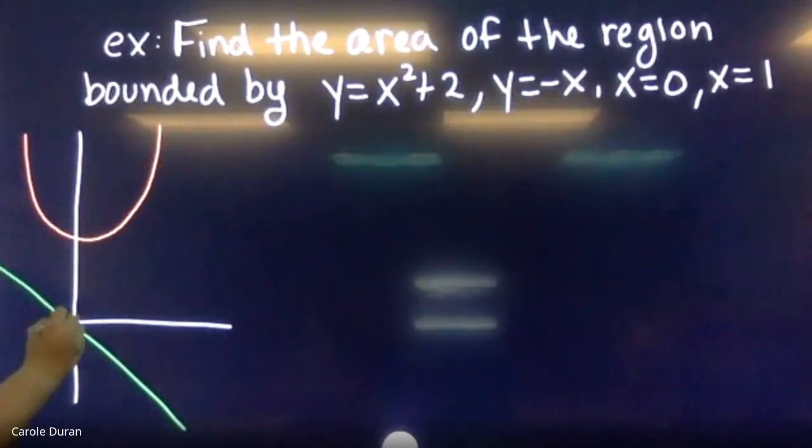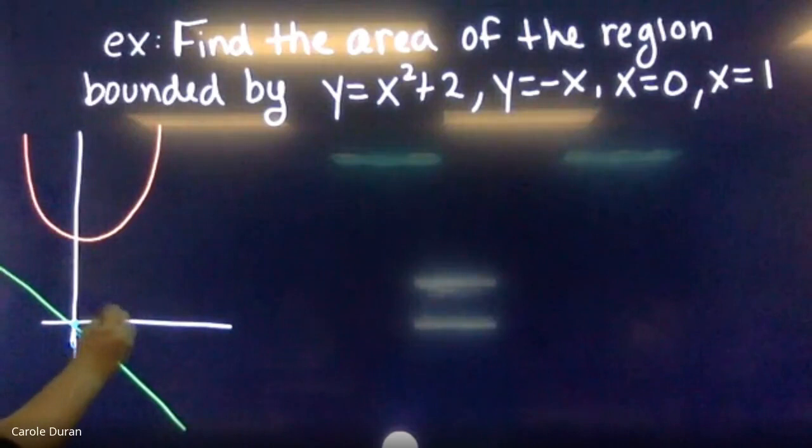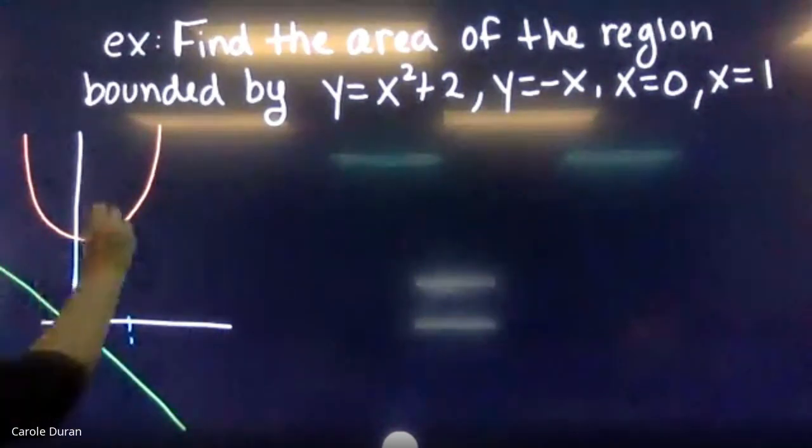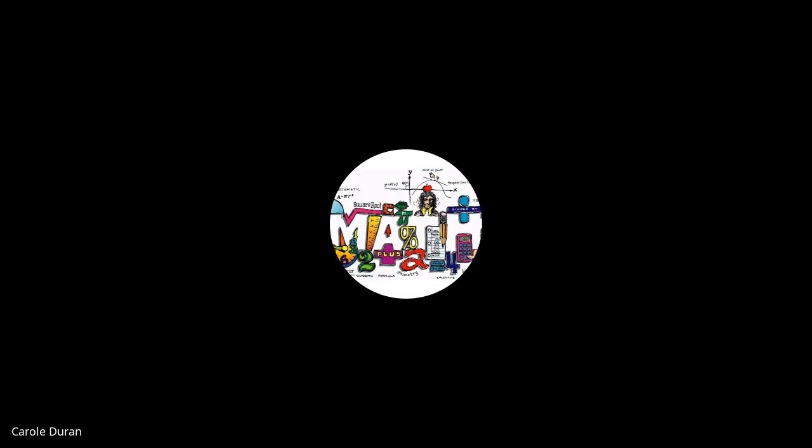I drew it from those functions. So my red function is the x squared plus 2. My green function is y equals negative x.